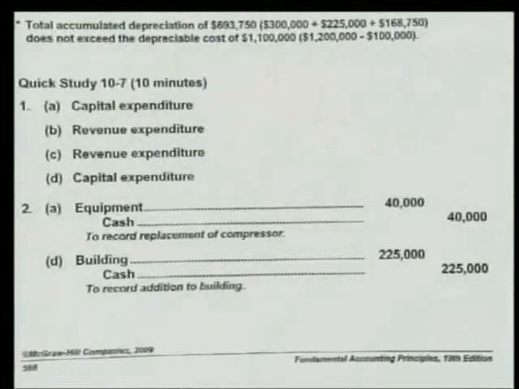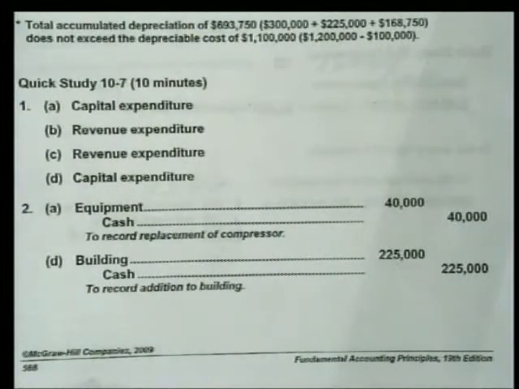To capitalize something means that you are setting it up as a fixed asset rather than expensing it. And once you set that up as a fixed asset, you will have to depreciate it accordingly, correct? Okay? So any questions on Quick Study 10.7?